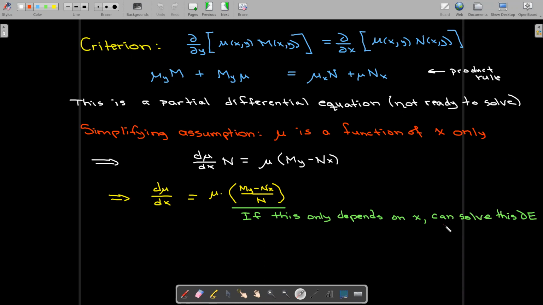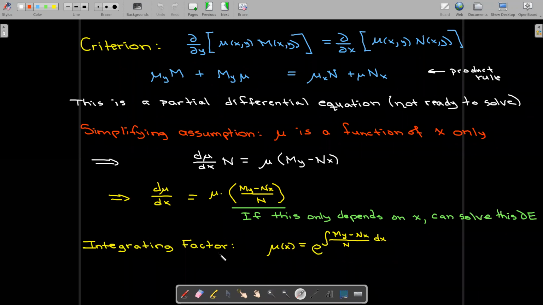And the way we would solve this DE is using an integrating factor of this form. This is really just the same integrating factor that we used before, but now we actually have a formula for the coefficient on mu.